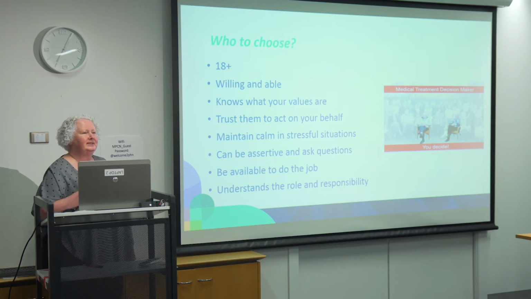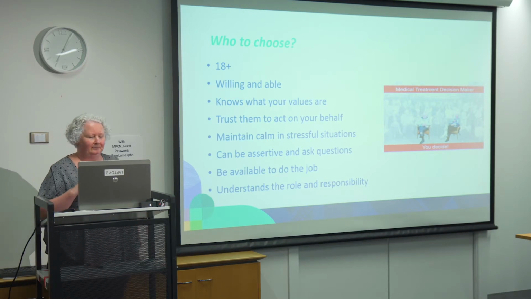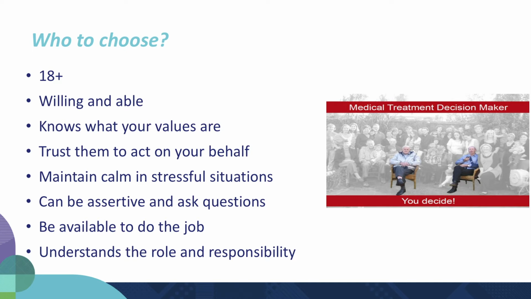Choosing a medical treatment decision maker is not necessarily an easy thing to do. That person may or may not be a member of your family. They have to be over 18. They have to be willing and able. Obviously, they have to know what's important to you. You have to be able to trust them to respectfully represent you.